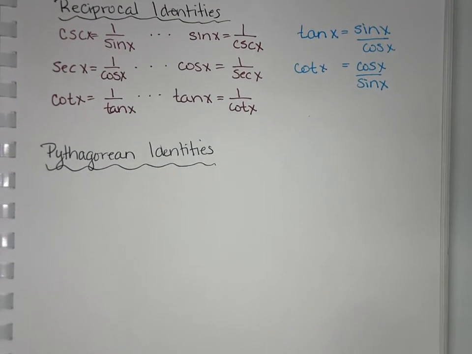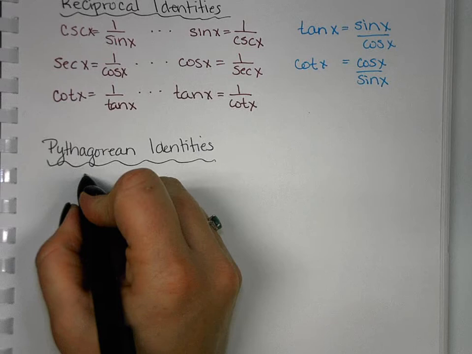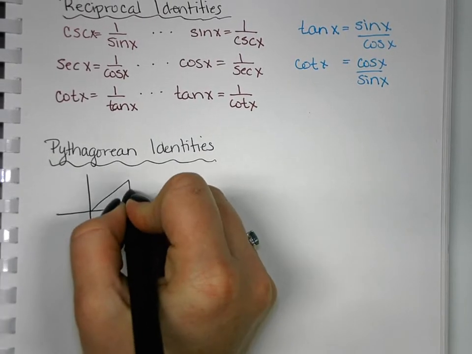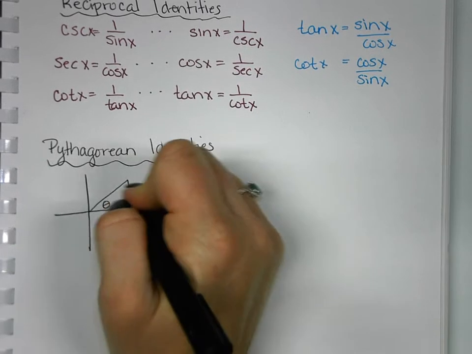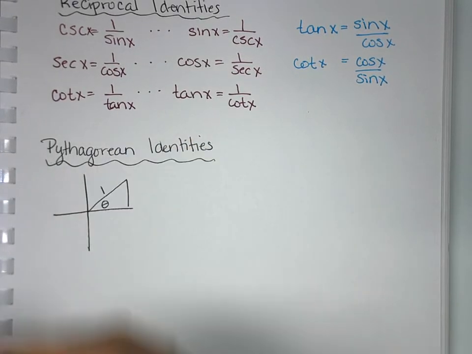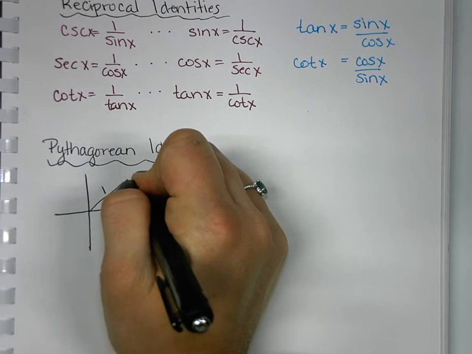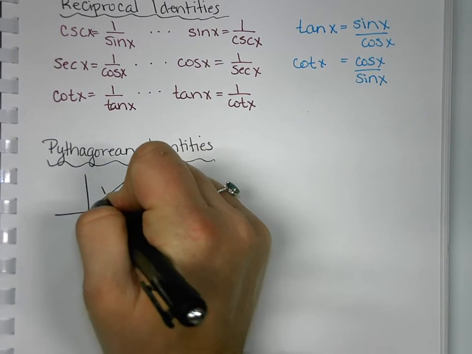How do we get them? It's based on our unit circle. So if we draw our theta, we know that our hypotenuse is 1 because it's a unit circle, and that our y is our sine and x is our cosine.